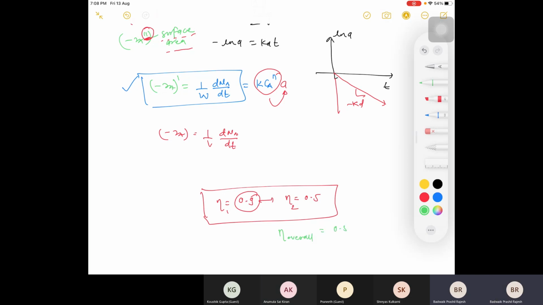It will be 0.5 into 0.9, because whatever work I am doing, that person is doing half of it. So for the overall system, it is multiplying. So I'll have 0.45 efficiency, and in percentage it is 45%.